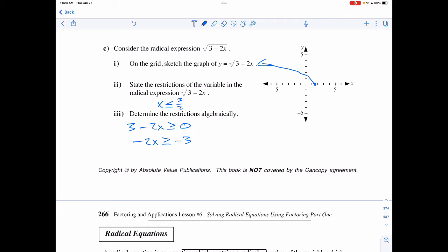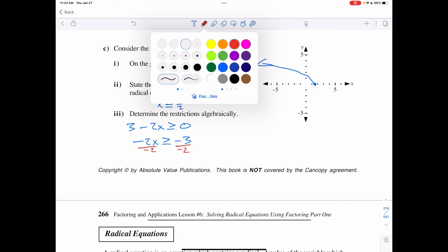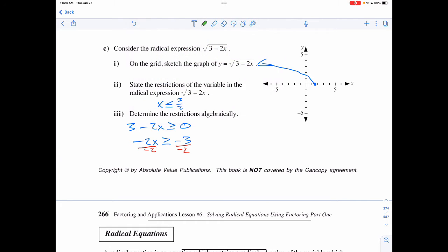If I'm isolating a variable in an inequality, and I need to divide or multiply by a negative to isolate the variable, then the inequality changes direction. So suddenly it's going to be x is less than or equal to 3 over 2.